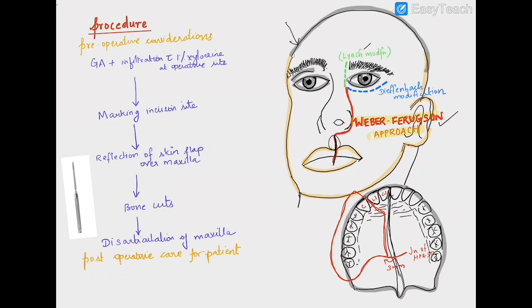Then the incision is made superiorly in and around the alar base, and then continues along the lateral surface of the nose up to the medial canthus. So this is called the Weber-Fergusson approach. It starts from the philtrum, splitting the lip into two parts, extending laterally along the lateral surface of the nose till the medial canthus of the eyes. This is enough if you are going for a subtotal maxillectomy.